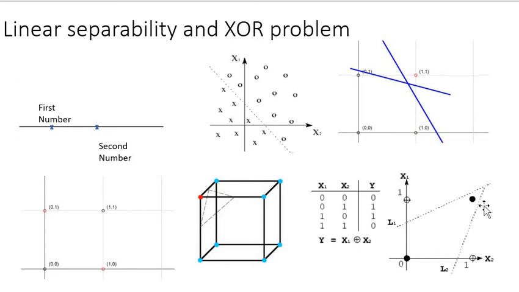So now, at least at a high level, we know what a perceptron is, why a perceptron is similar to a step function, what an AND gate is, and why an AND gate is linearly separable. We have also understood what linear separability is, what the XOR problem is, and why the points in the XOR gate are linearly inseparable.